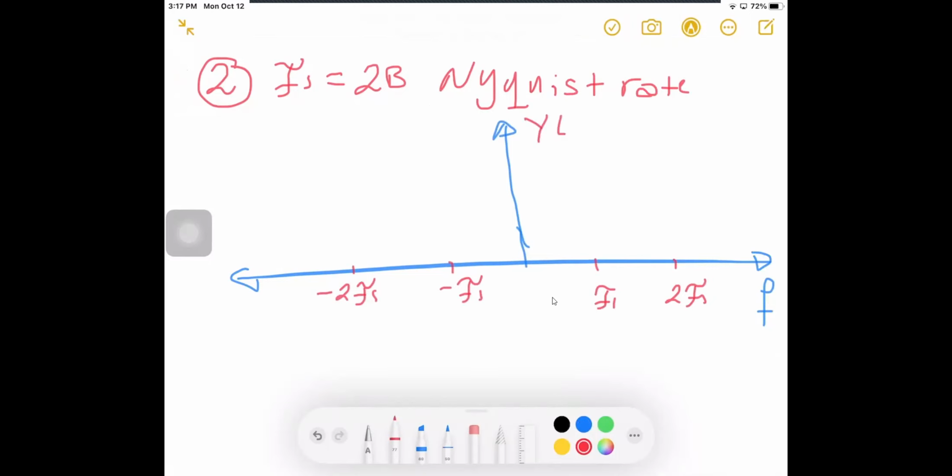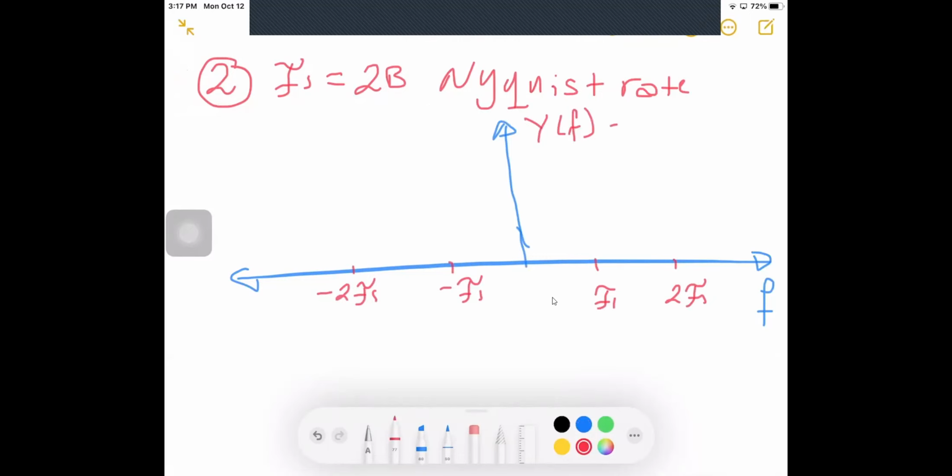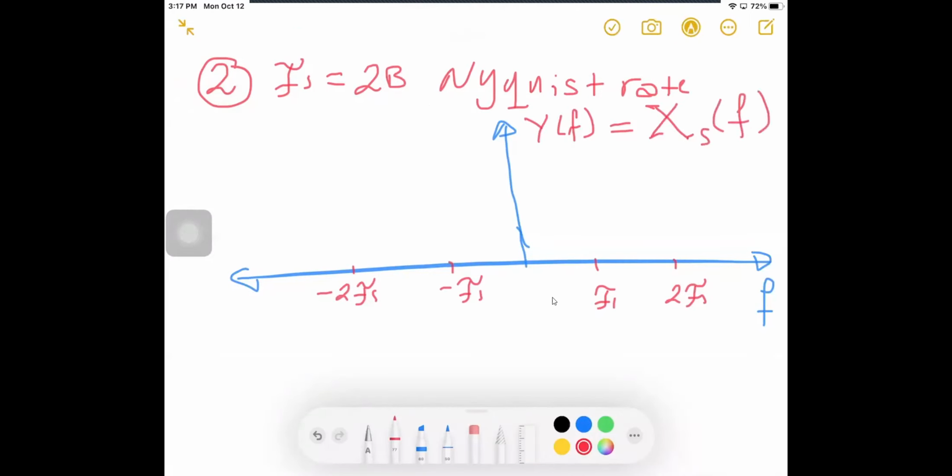This will be y of f, or the sampled signal, I mean xs of f.